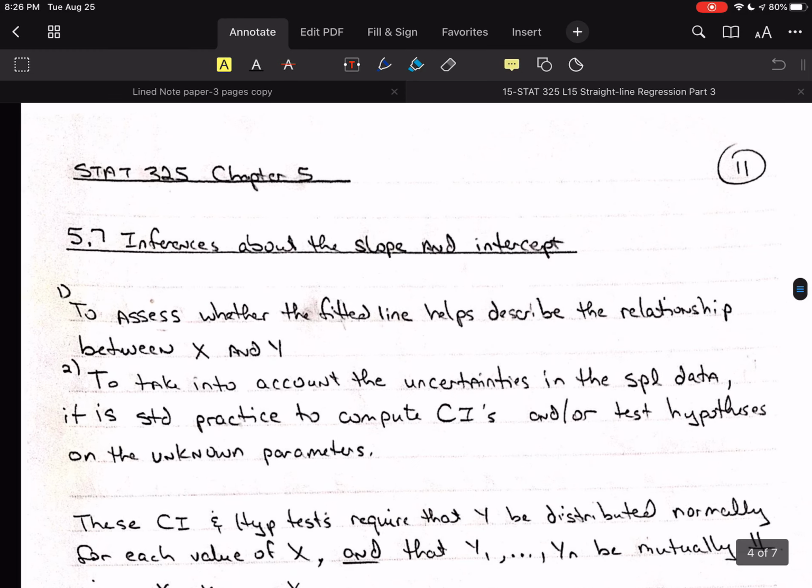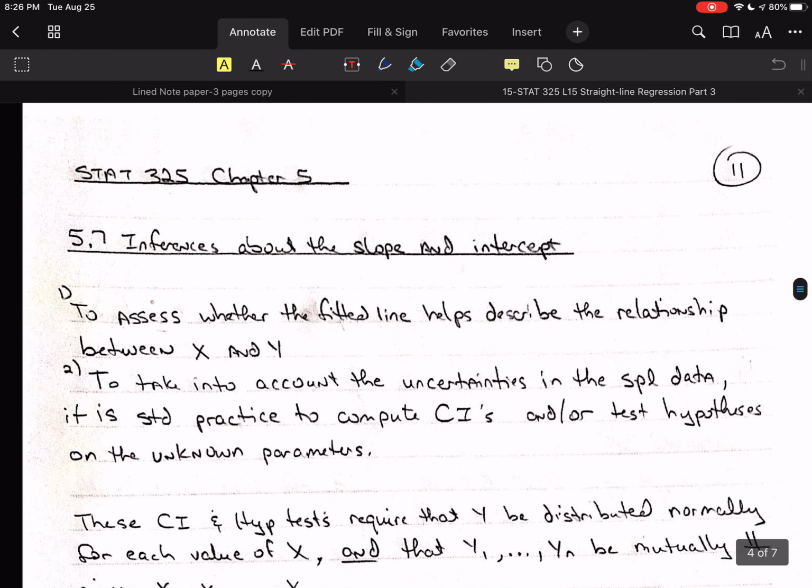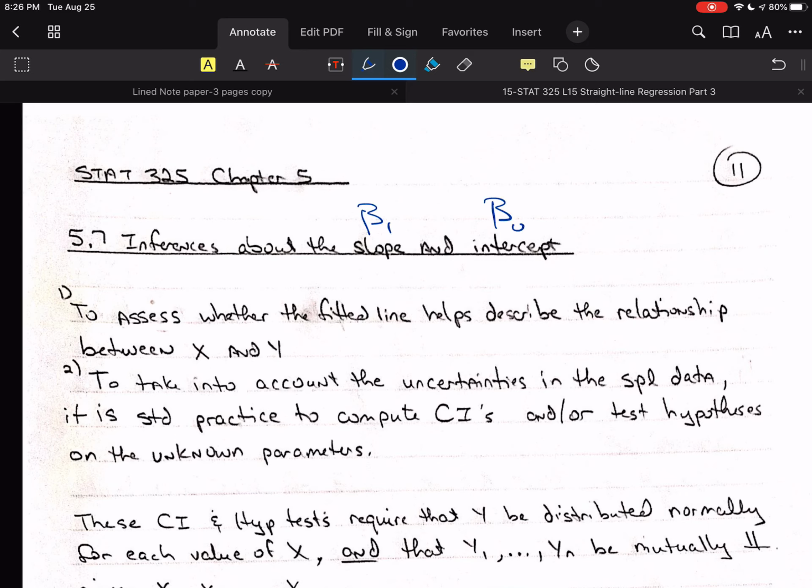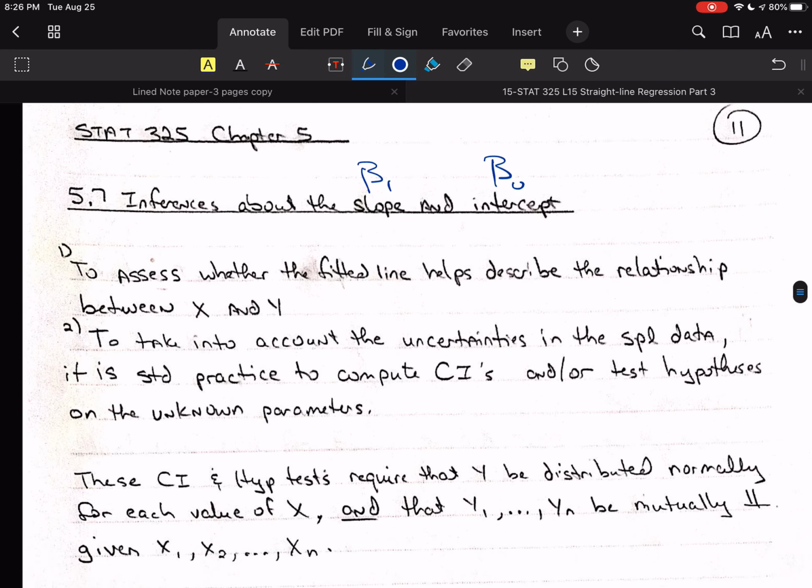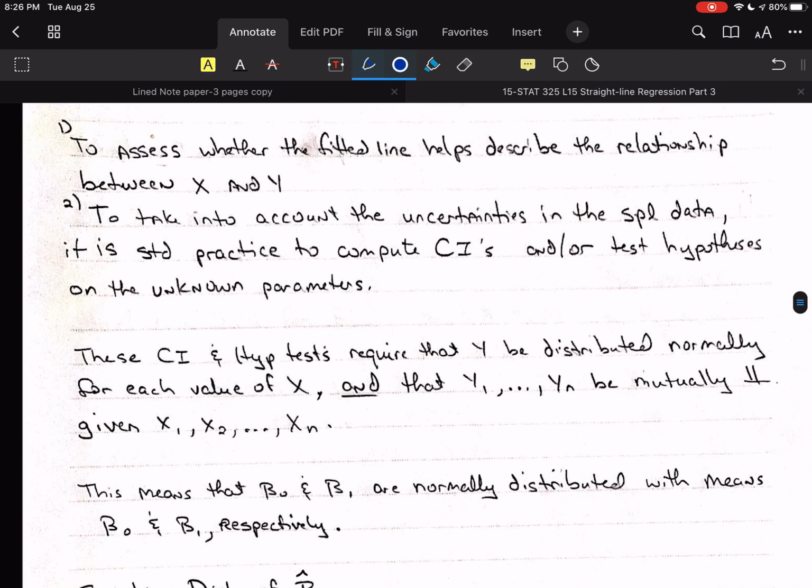Okay, so in this video we're going to talk about these inferences about beta naught and beta 1. The slope is beta 1 and the intercept is beta naught. We need to take into account the uncertainties in the sample data.